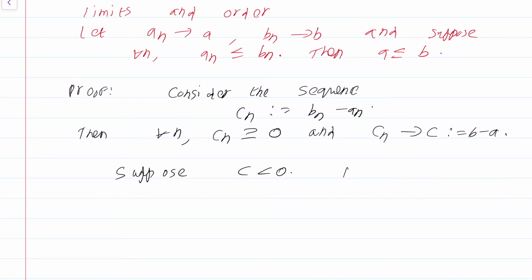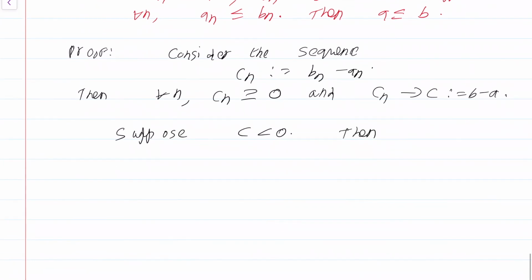Then mod of C minus Cn is equal to mod C plus mod Cn. Why is this the case?